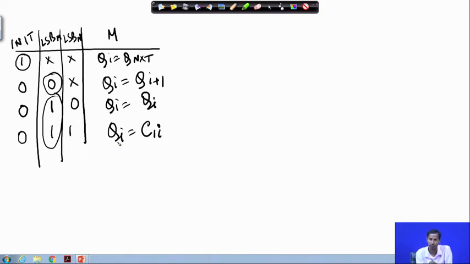So, now how can I implement the function? If I am having one 2:1 multiplexer, considering this, this is for LSB n, for 0 and for this is 1.